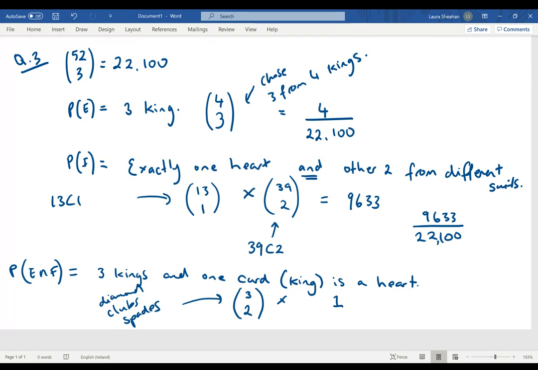There is only 1 king of hearts. That leaves me with 3 outcomes in total out of 22,100.